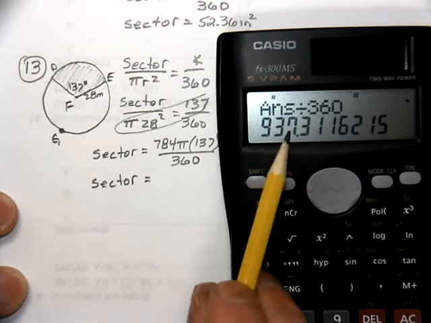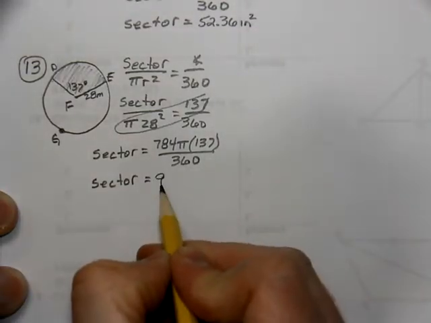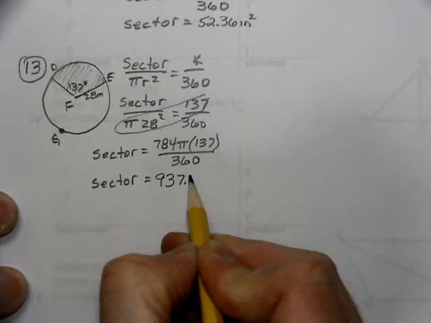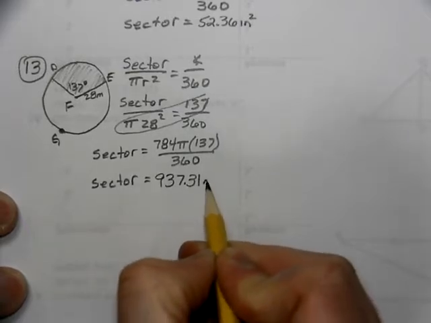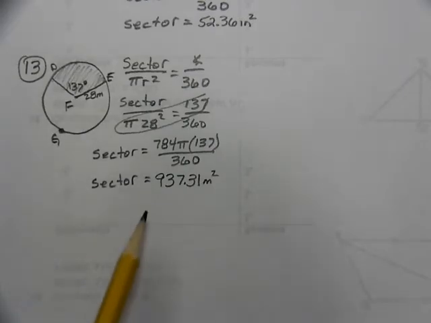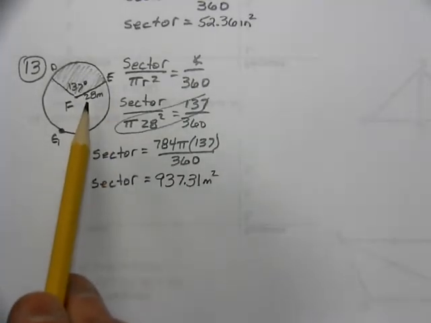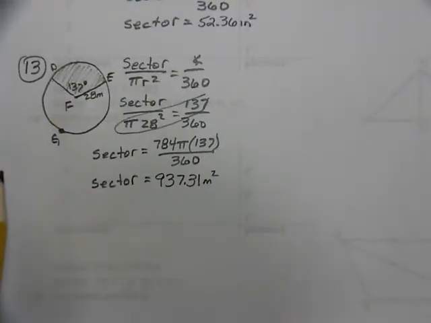We get 937.31. Those are meters squared. Now, if that number seems big to you, notice that the radius is 28. That's much larger than any of the other numbers we've seen. So, of course, that's going to be a pretty big area.